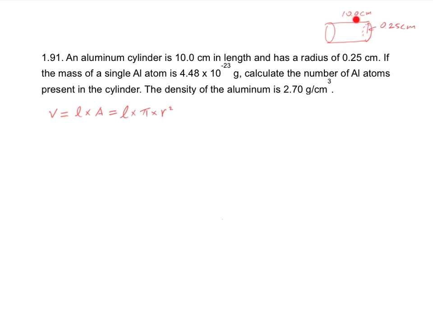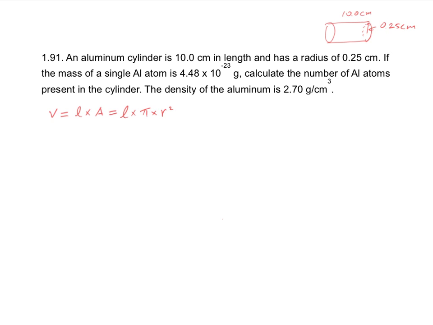So if we know the mass of the whole cylinder, we can know how many aluminum atoms are there, because there's nothing else in the aluminum cylinder. It's only aluminum atoms. So to calculate the number of aluminum atoms, based on the mass of a single aluminum atom, we just need to know the total mass of the aluminum cylinder.